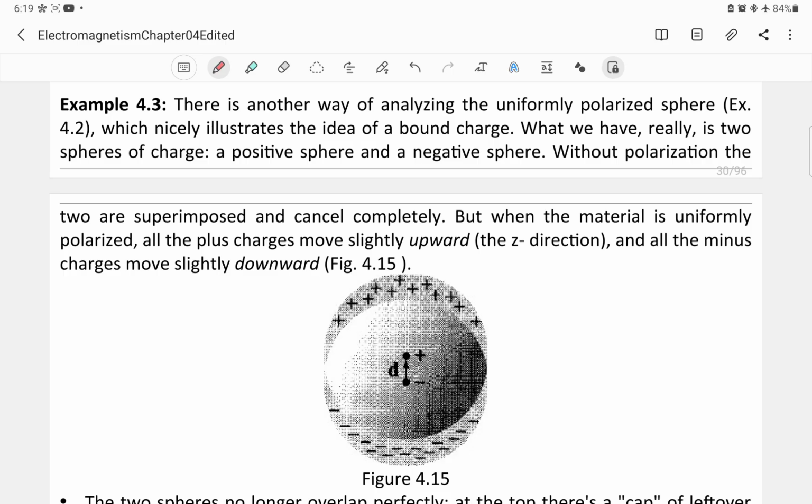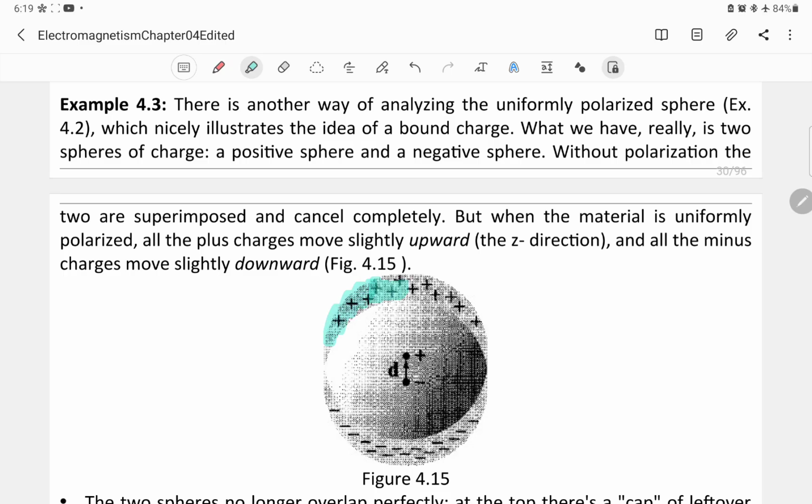But when the material is uniformly polarized, all the plus charges move slightly upward in the z direction, if the polarization is in the z direction, and all the minus charges move slightly downward. So you can see that exaggerated here in the figure.